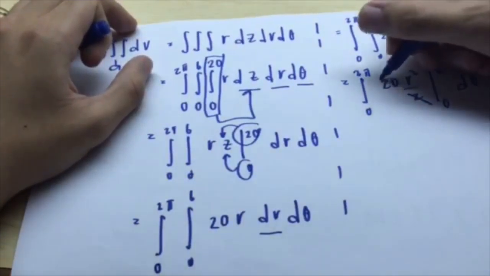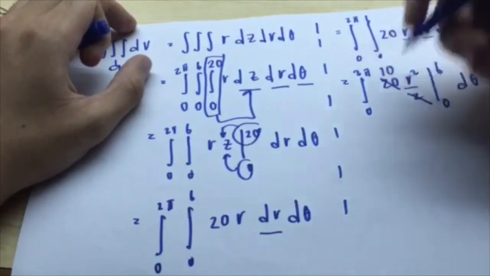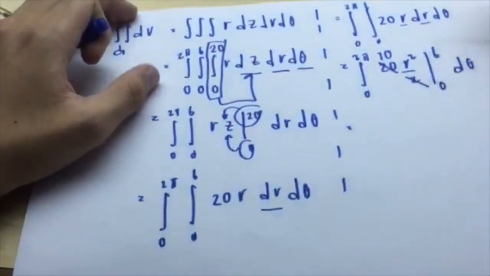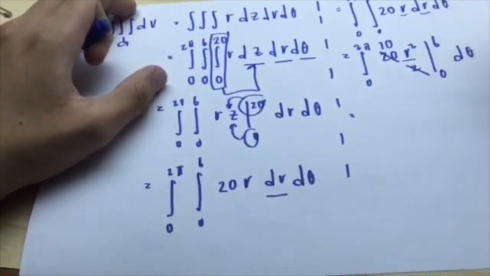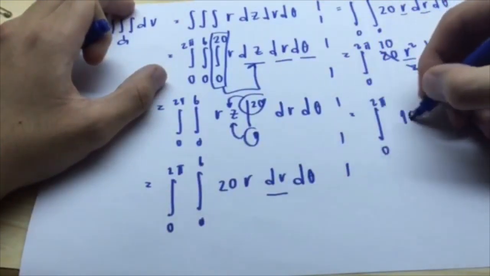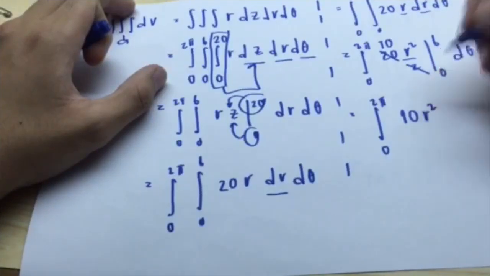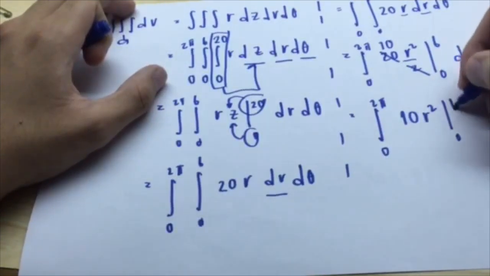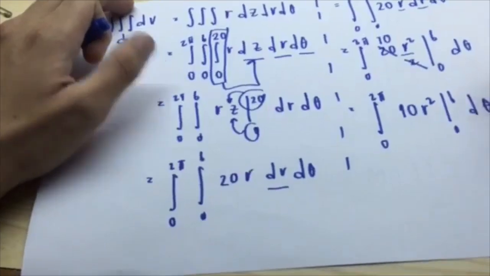So you can cancel the 2 and 20 becomes 10, and the final result of the integral of dr becomes from 0 to 2 pi, 10 times r squared, bounded from 0 to 6, dθ.